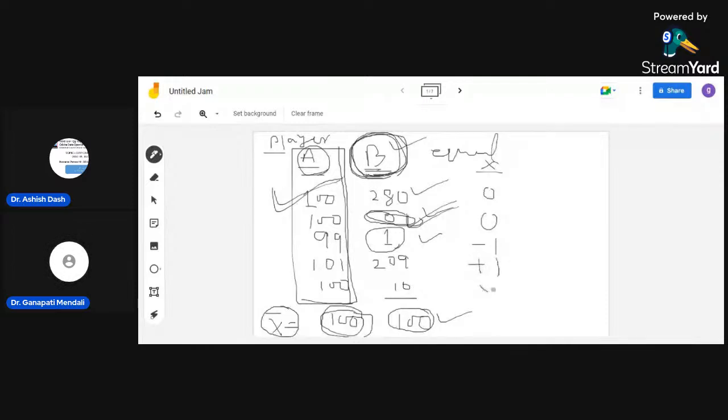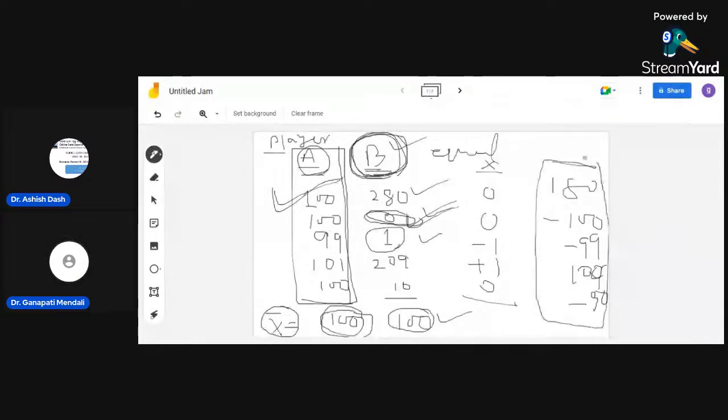For the other data, 280 minus 100 is 180. 0 minus 100 is minus 100. 1 minus 100 is minus 99. 10 minus 100 is minus 90. So this data is dispersed widely. There is a great deviation. Variation is very large in the case of player B, but very small in the case of player A.